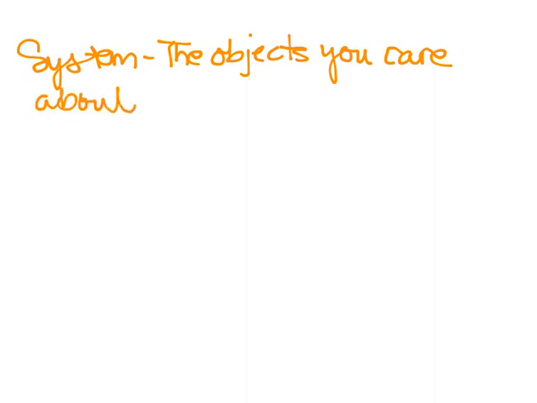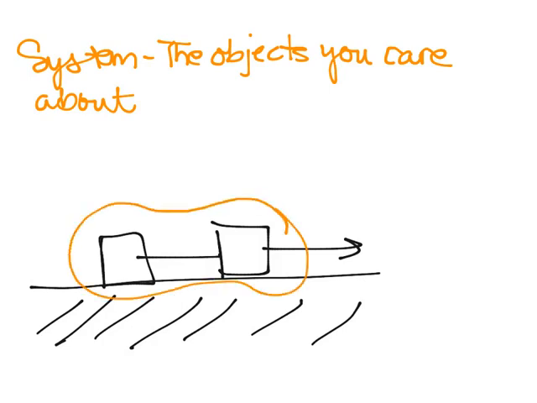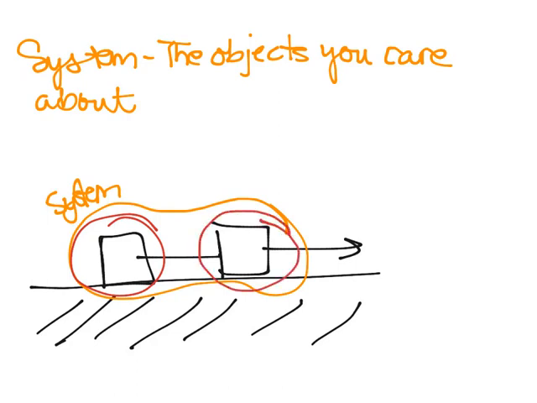If we think back to my first example, we had a bunch of blocks sitting on a table, and I'm asking about the force those blocks are being pulled with, the system is probably going to be those blocks and not the table. If I wanted, I could define the system to include the left block only or the right block only, but in this case, my system is going to be these two blocks. That's just the definition of a system.